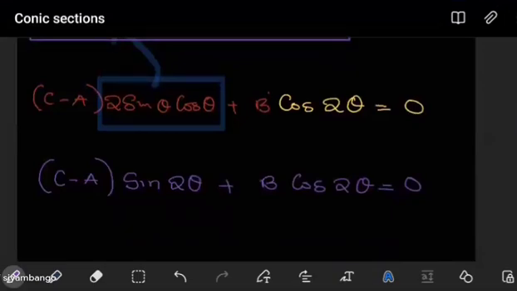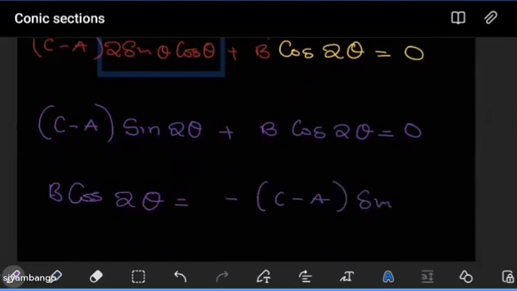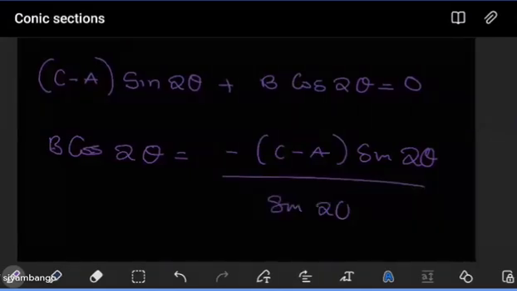Yes. Okay. Now, one of these terms can go to the right-hand side, depending on the one that you want. I will take this term to the right, so that now I will have b cos 2 theta is equal to negative, and this will be c minus a, then sine 2 theta. When I divide both sides by sine 2 theta, this cancels.